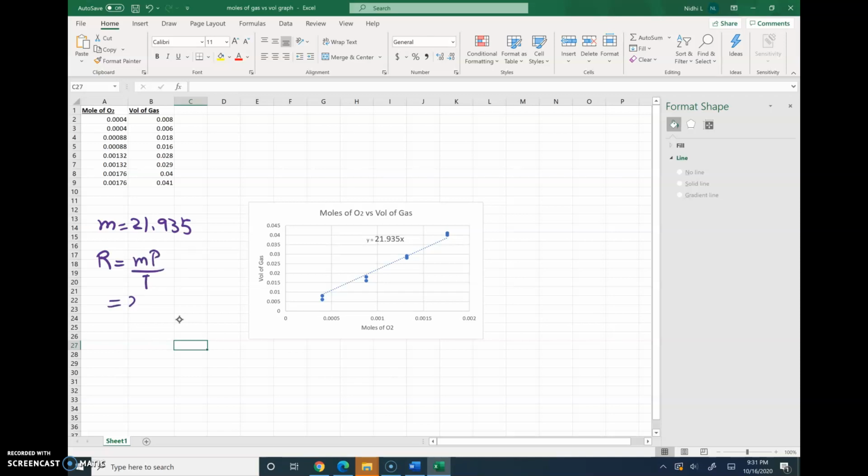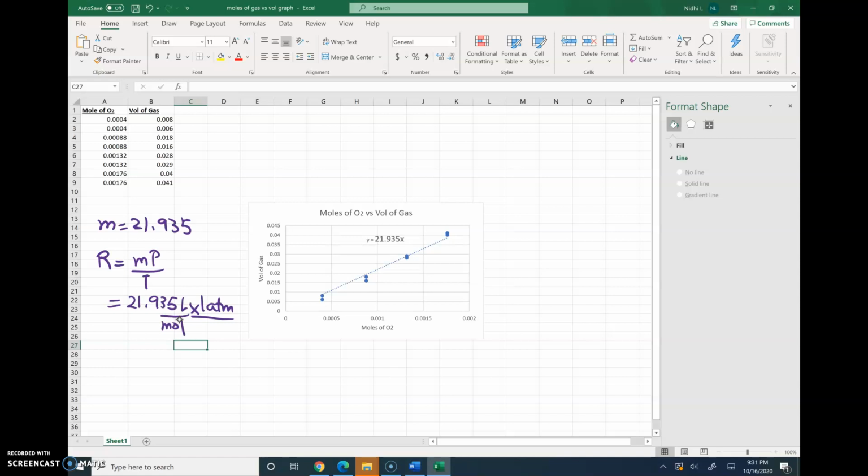One of the things it tells you for the R gas constant is to use this formula, and m is the slope that we just found here, 21.935. You know the slope is y2 minus y1, so you will have your liters up here, and the x-axis is moles at the bottom, times pressure, which is 1 atmosphere, over T, which you measured with the thermometer in Celsius. You just need to convert it into Kelvin.